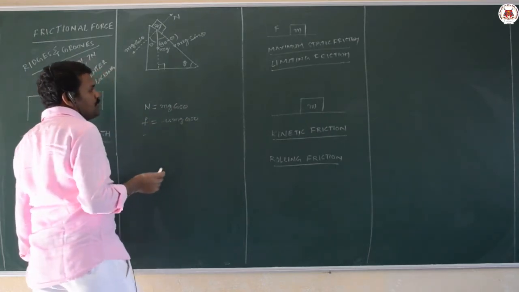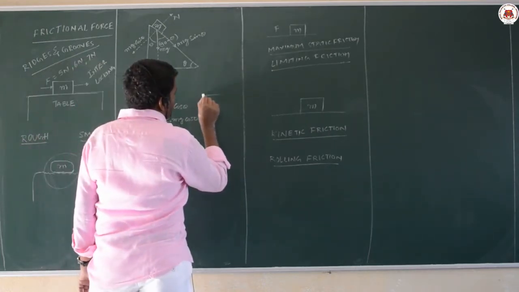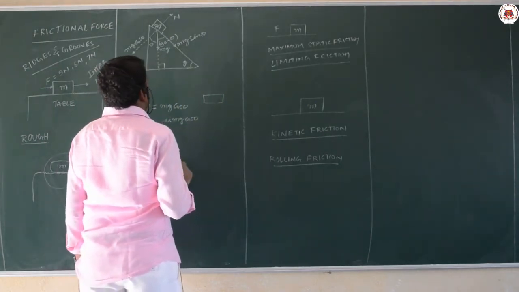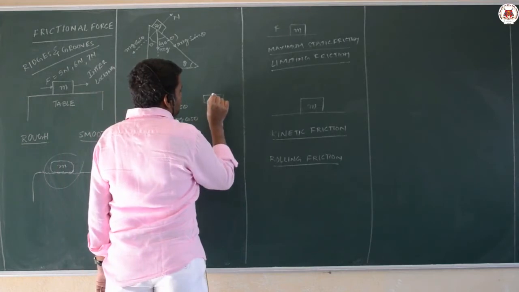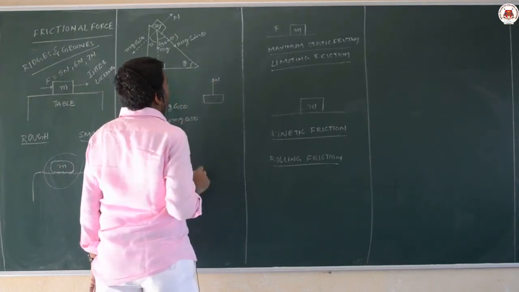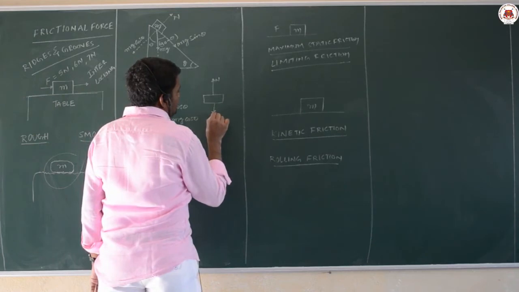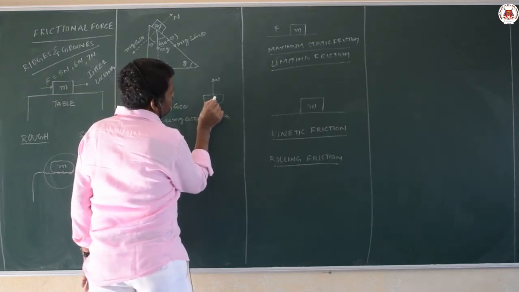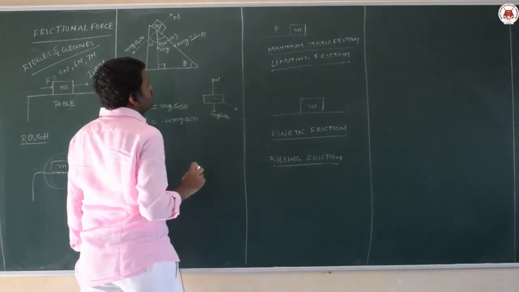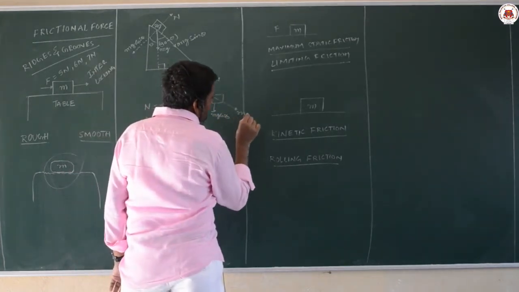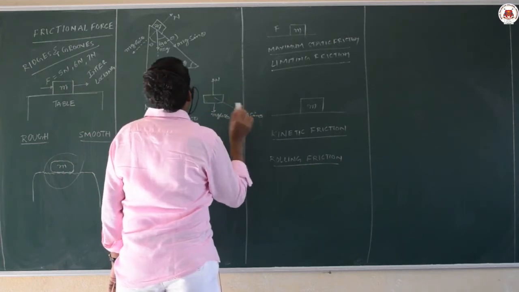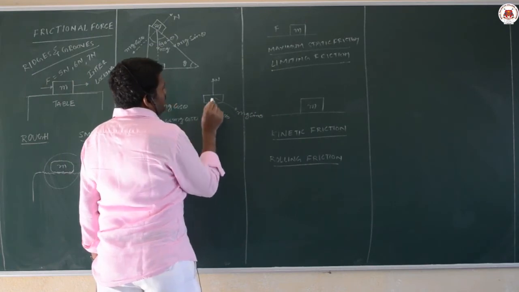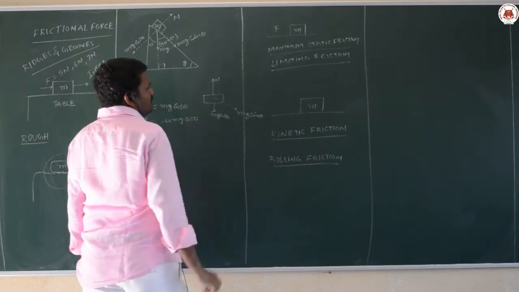If you separate this body from the system, isolate it, and draw all the forces acting on it, this is the normal reaction, mg cos theta, and down the inclined plane it is acting mg sin theta. This is the condition.